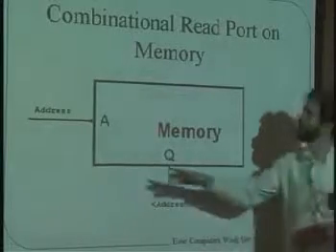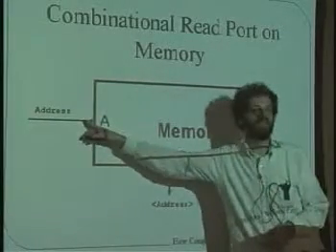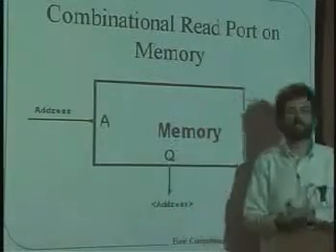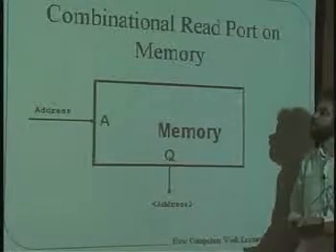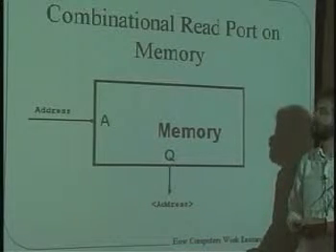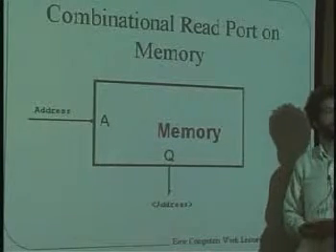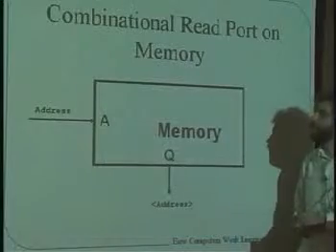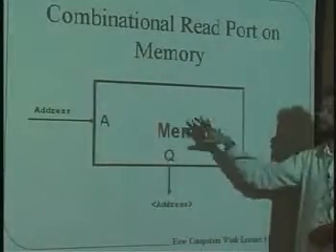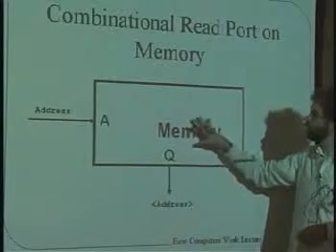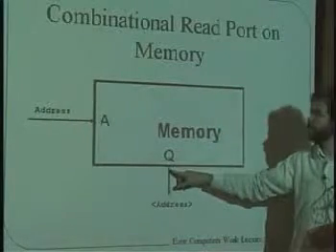What we do is we put in an address over here. This may be a few bits. In the case of the register file, it's just 5 bits, right? In the case of the big, slow memory, it may be 32 bits, okay? We really don't care. But a number of bits goes in here, and as a result, a short time later, the memory produces a result out Q here.